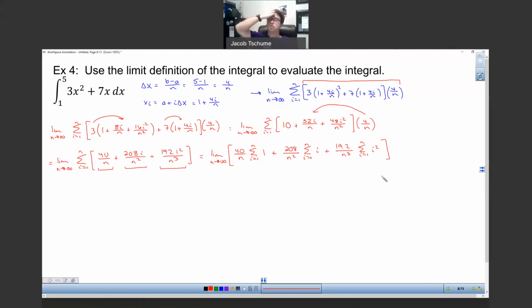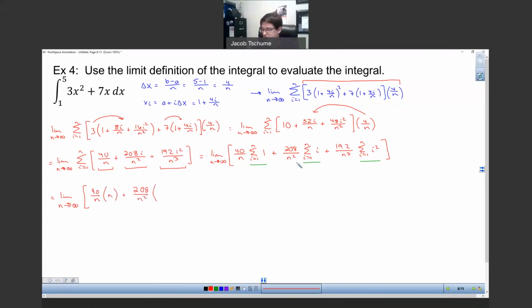This is where I suggested y'all write those formulas down, because on the previous slide, we now have a formula for all three of these, so you can now get rid of all three of these summations. So what I'm going to do is plug in those values. This would be the limit as n goes to infinity of, you'll have 40 over n times the summation of just the number 1, which is n, plus 208 divided by n squared.